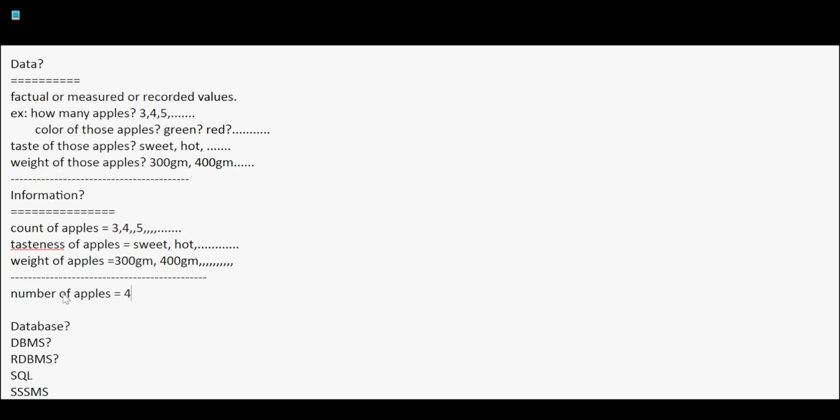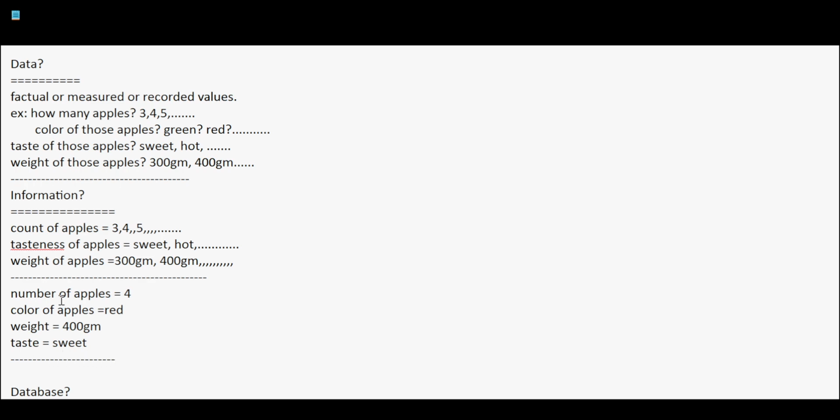For example, I'm taking four. Next, color of apples, red, for example. Now, weight, it could be anything, 400 grams each. Next, taste, it could be anything, sweet. Okay, I'm taking it as an example.